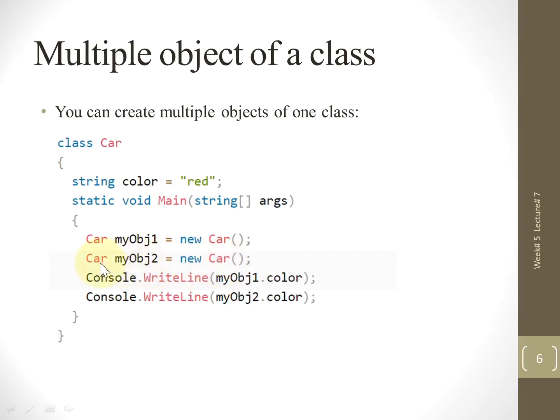This side is called the object type and this side is called the reference. Now we can call both of these data members, but remember that this object stores its values separately and that object stores its values separately. Object number 1 doesn't know what is within object number 2, and object 2 doesn't know what is stored within object number 1.